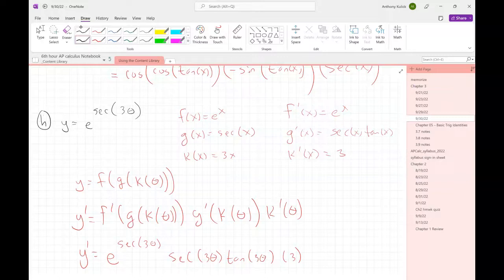I think I've already got this first test made up, but there'll be a set of questions that can be done with no special rules. You don't have to use the product, quotient, or chain. There'll be a set of problems that can be done using just one of them, a set that could be done using 2 of them, and a set that could be done using 3 of them.